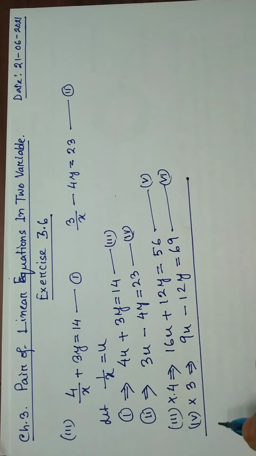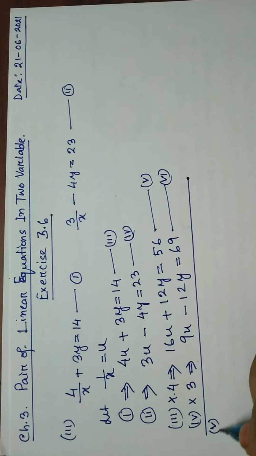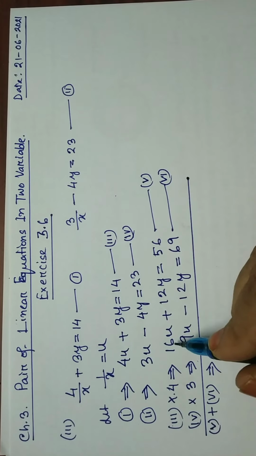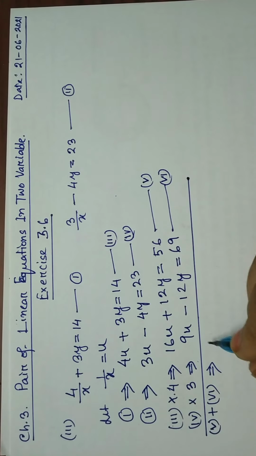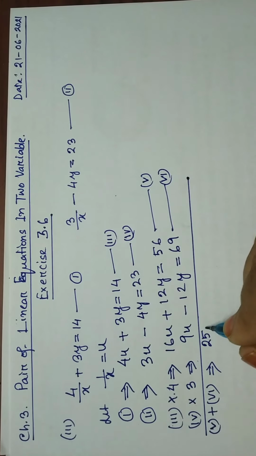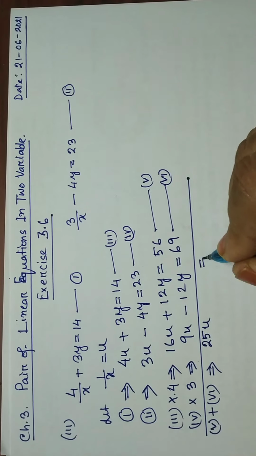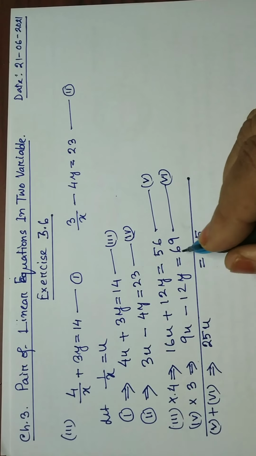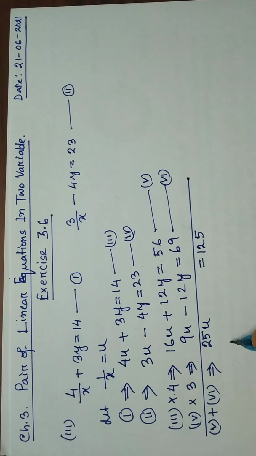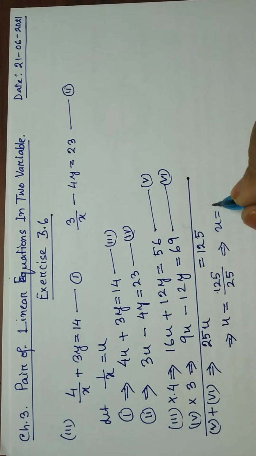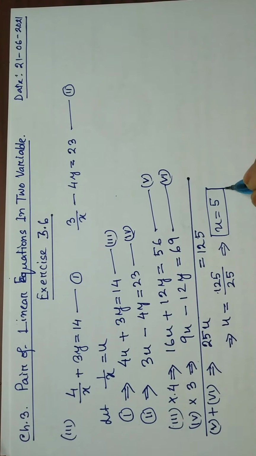Equation number 5 plus equation number 6: 16u plus 9u is 25u. The 12y cancel, positive and negative, and the right side will be 56 plus 69 is 125. This implies u equal to 125 by 25, so u equal to 5. We get the value of u.